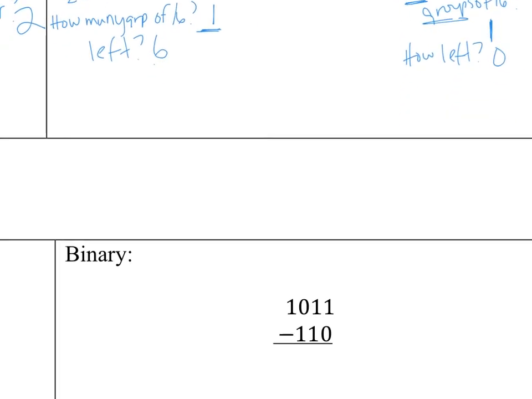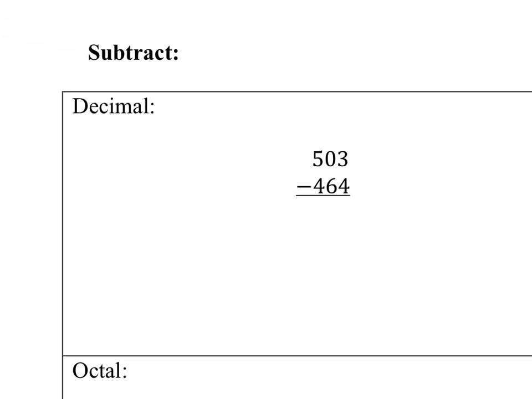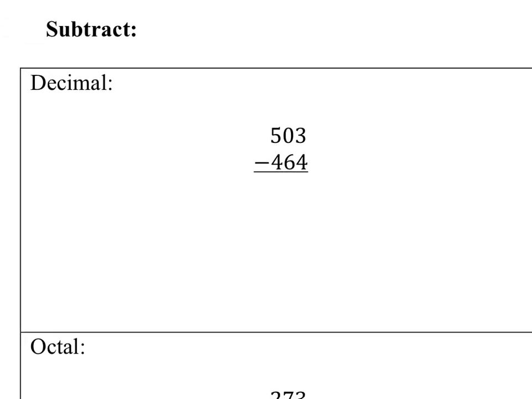All right, subtraction. When we subtract in decimal, if we subtract something bigger on the bottom than on the top, we have to borrow. In decimal we borrow 10 because we're base 10. Here I can't borrow from a 0, so I have to come back over here and borrow from the 5.